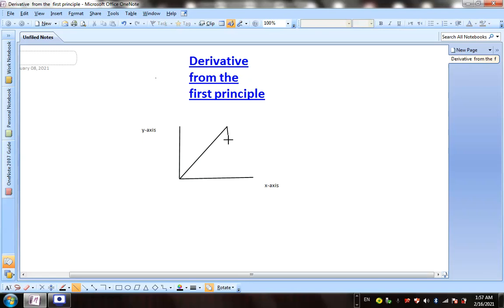Now, suppose we have this point. And this point, we have this point in the x-axis, and we take these 2 points here in the x-axis.